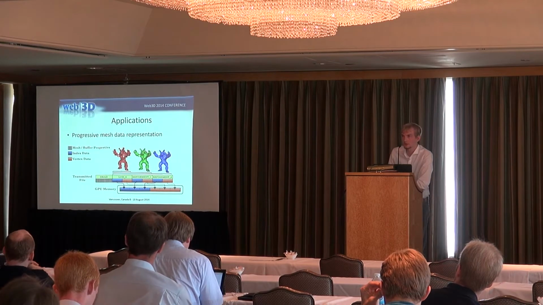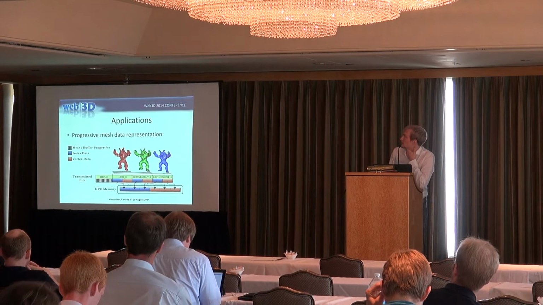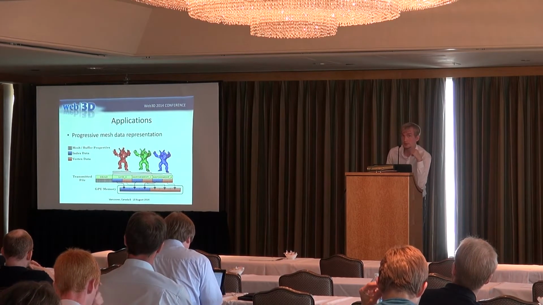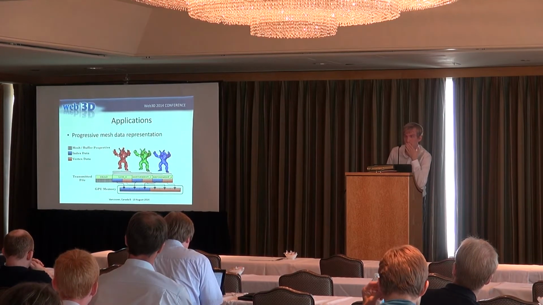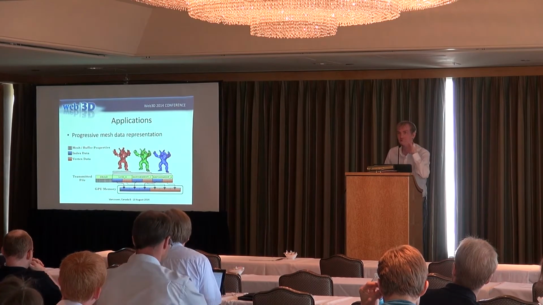Okay, so let me now show you some applications or illustrations for possible use cases. As you have seen in the video, the elephant was kind of popping in. I don't have a pop filter here in front of the microphone.